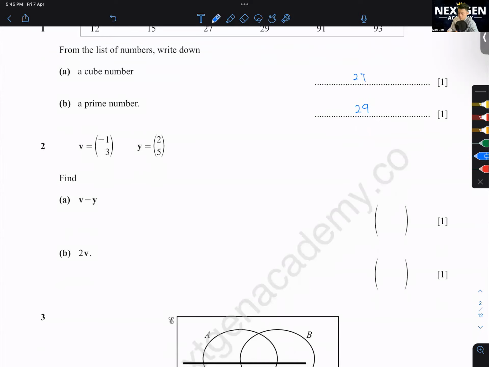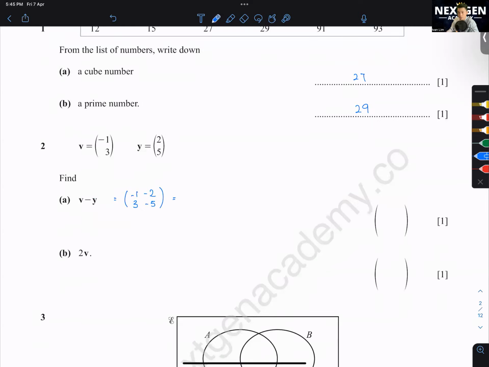Find v minus y. So this is a vector. All we need to do is this negative 1, 3 minus y, minus 2, minus 5. The x will minus with the x, the y will minus with the y.